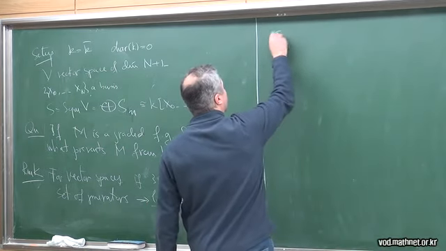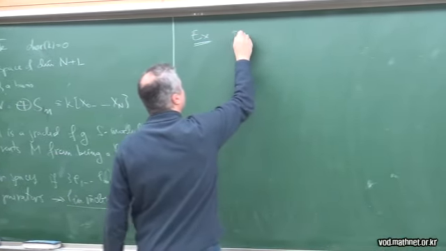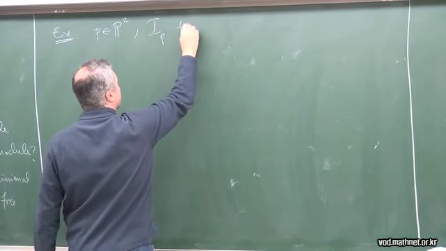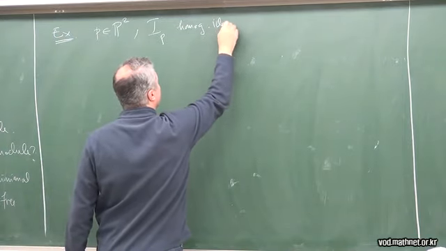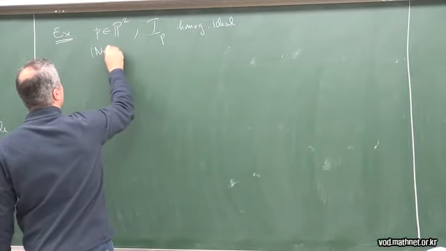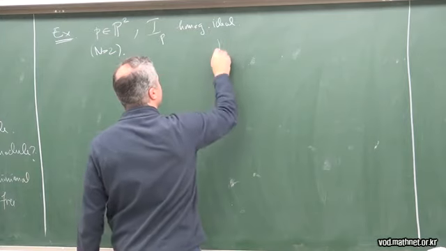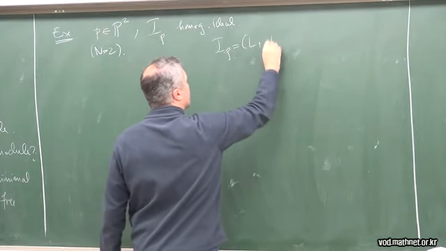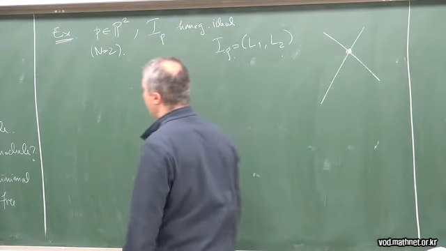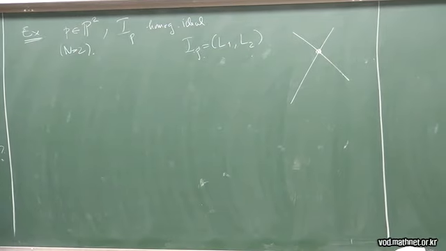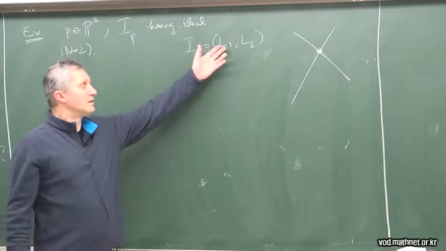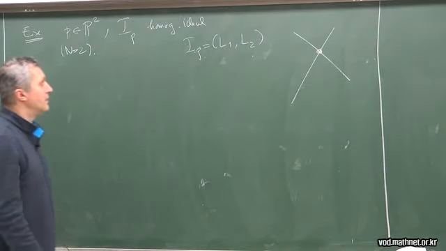If we take just one example, take P a point in P2, and take IP the homogeneous ideal. So n is 2 in this case. This homogeneous ideal is generated by two linear forms, because the point is the intersection of two lines. This is a minimal system of generators, because if we take just one generator, then we get a curve; we don't get a point anymore.